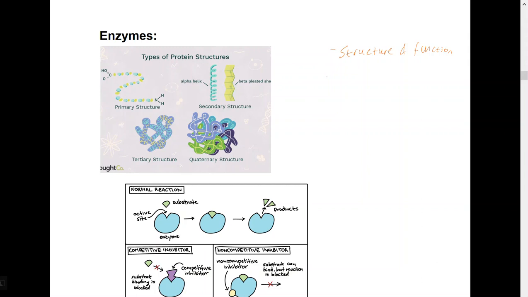Structure and function. We want to look at what I call the critical steps. This is not, I don't think, a technical biological term, but it's what I consider them. They're the steps where the process is most vulnerable, right?